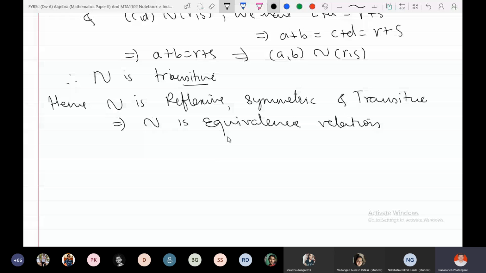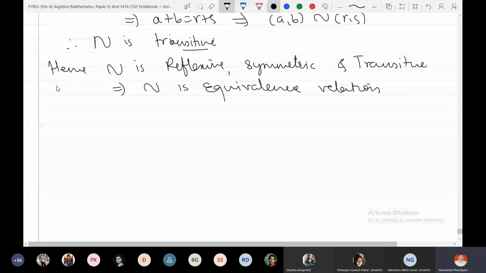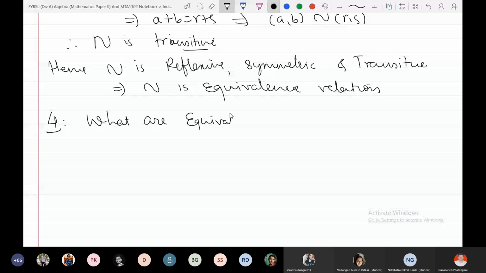So now my next question is: what are the equivalence classes of this set R2 with respect to the equivalence relation tilde?